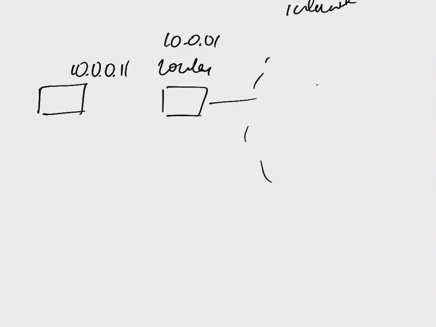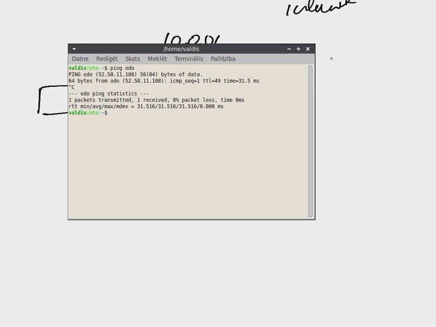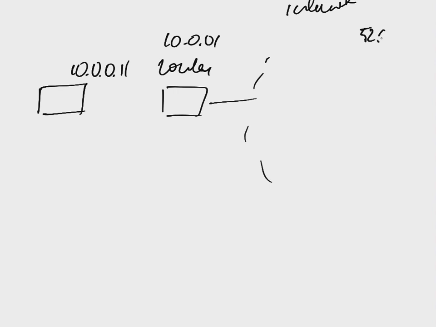When I send something, somewhere here is the address, let's be precise, here is the IP address for odo.lv.